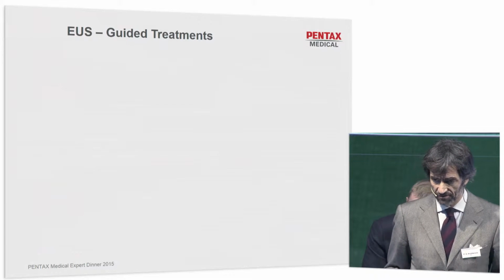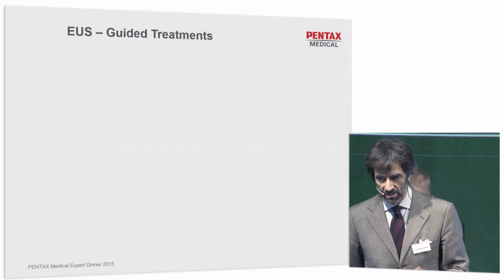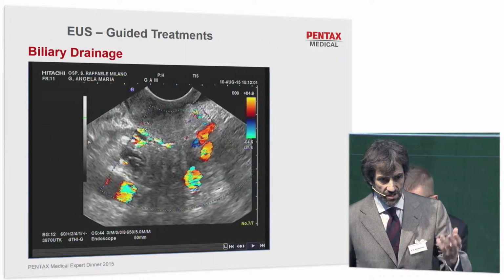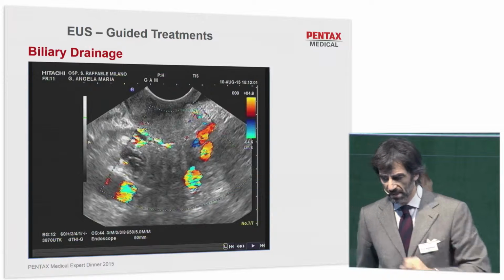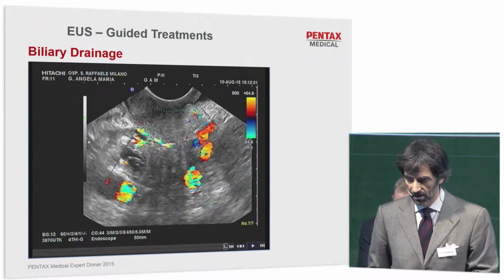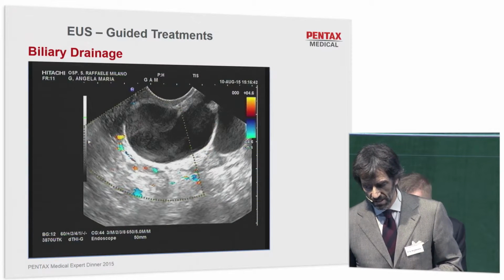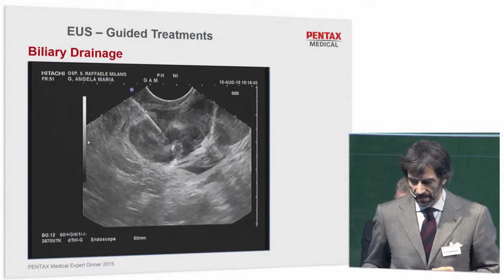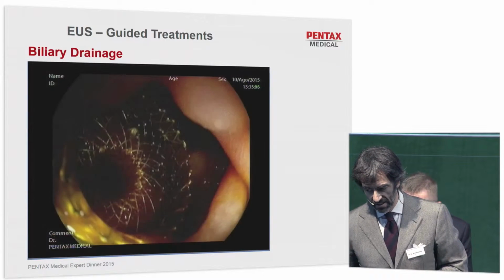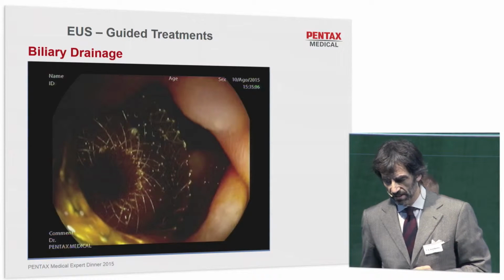All the other guided treatments until now, particularly if we consider biliary drainage in case of big pancreatic head masses occluding the common bile duct with failure of the ERCP, can be easily drained by implanting a lumen-apposing metal stent to perform choledochoduodenostomy.